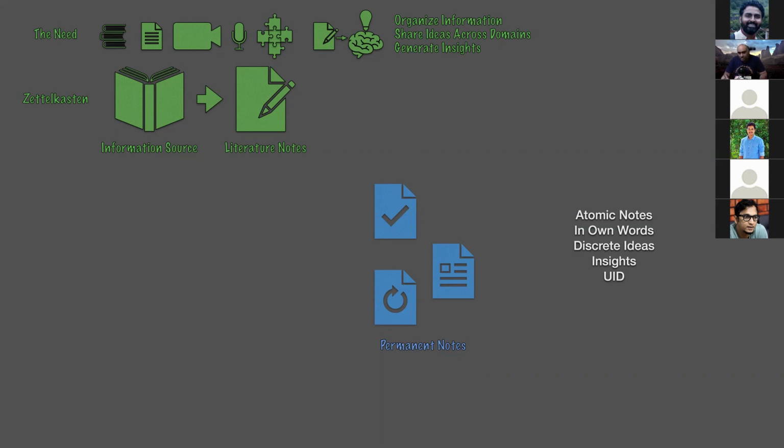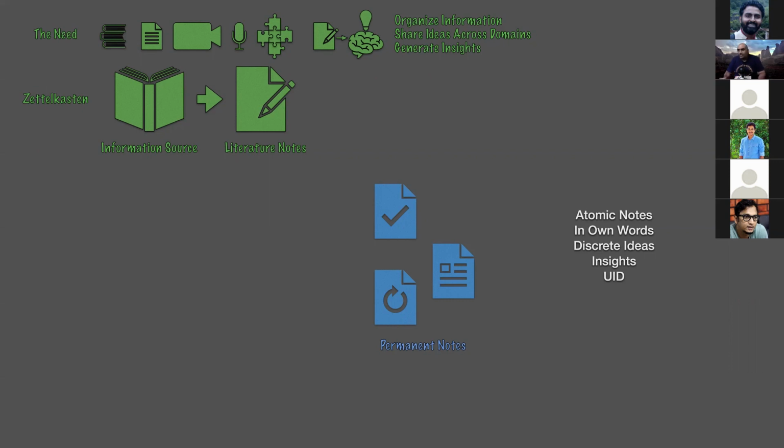Now, there are two things over here which make this permanent note unique. One is these notes should have insights. Meaning the idea that you get from reading your literature notes, or the concept or whatever thought you had, can be one to one with whatever is in the book.